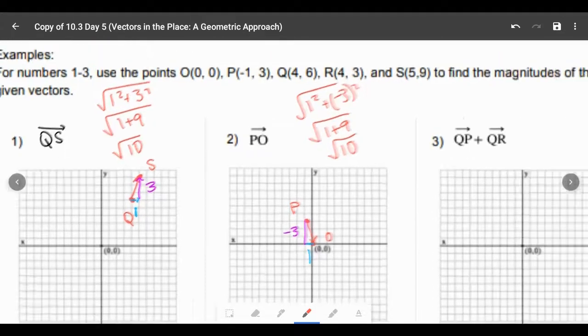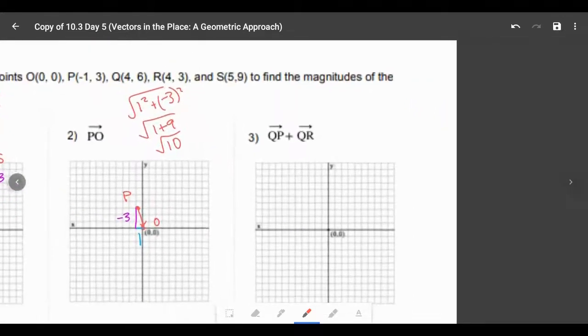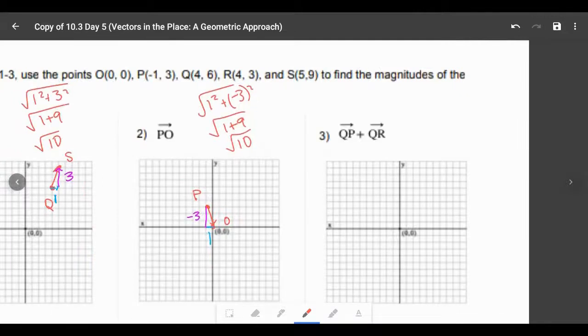Okay, so then our last problem here, number 3, we are going to graph these two vectors, add them together, and then find that magnitude. So vector QP, again, Q is at the point 4, 6. So that's over here.